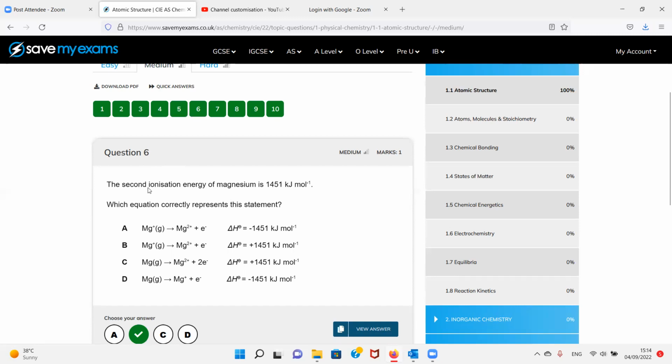So to go through the second ionization energy, you must go through the first ionization energy. If you look at option B here, this magnesium ion has already gone through the first ionization energy, or became ionized by losing 1 electron, and now it is losing its second electron. And this is basically the correct answer.